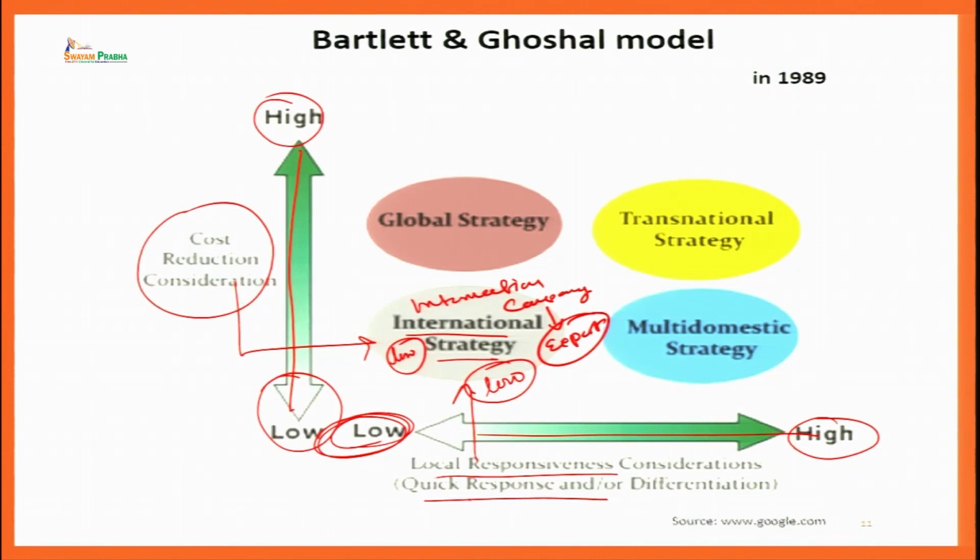In the previous lecture, we talked about the stages of internationalization. They were domestic company, international company, multinational company, global company and transnational company. So the international companies are those with low local responsiveness pressure and low cost reduction pressure, because they are making some goods and services here which other countries couldn't produce.